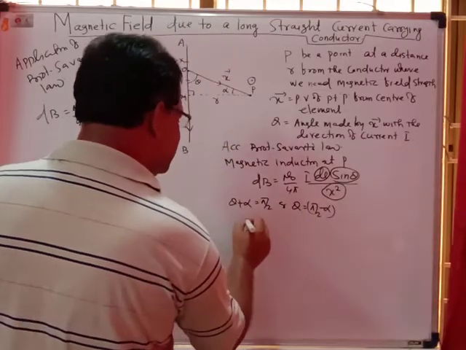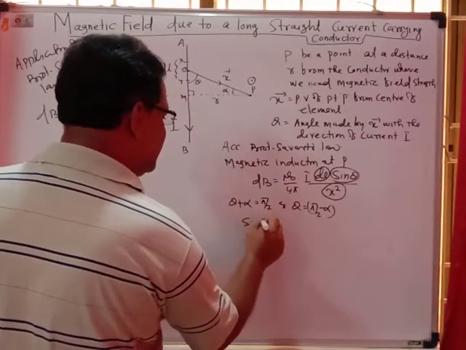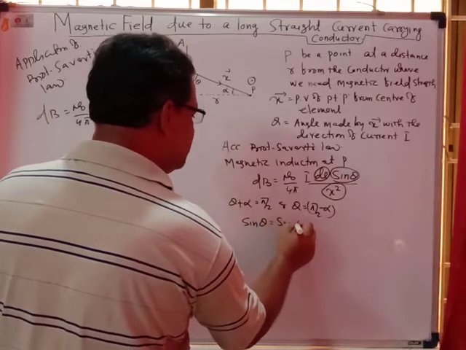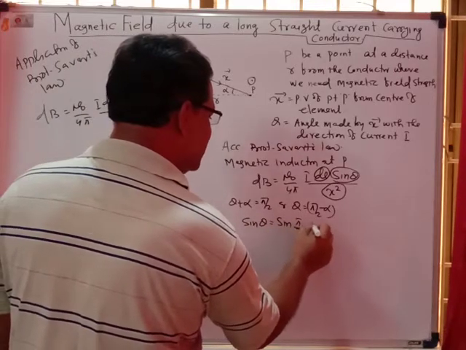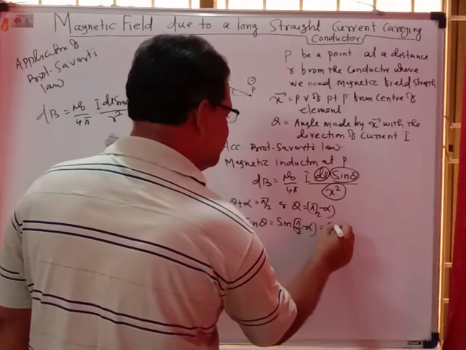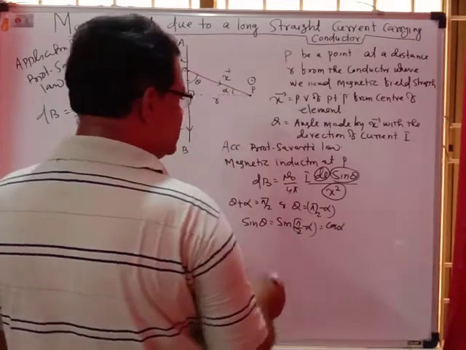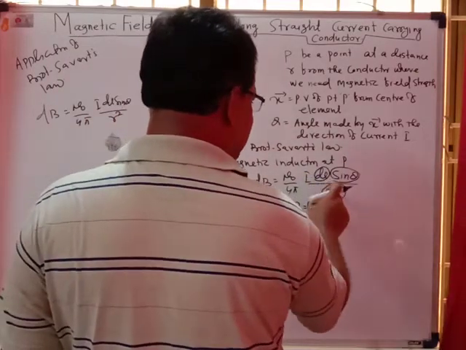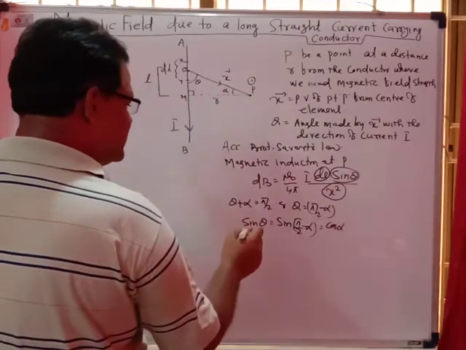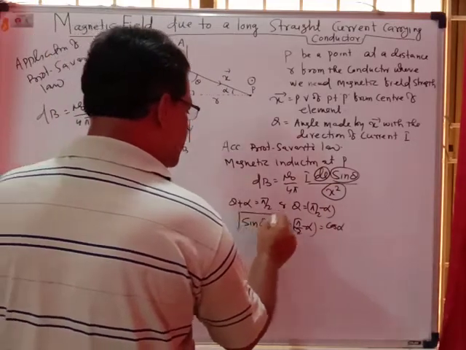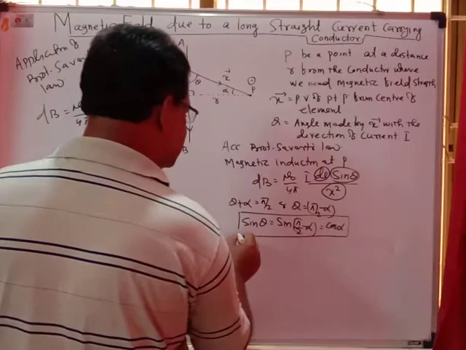So sin theta equal to sin of pi by 2 minus alpha, that is equal to cos alpha. So sin theta equal to cos alpha.